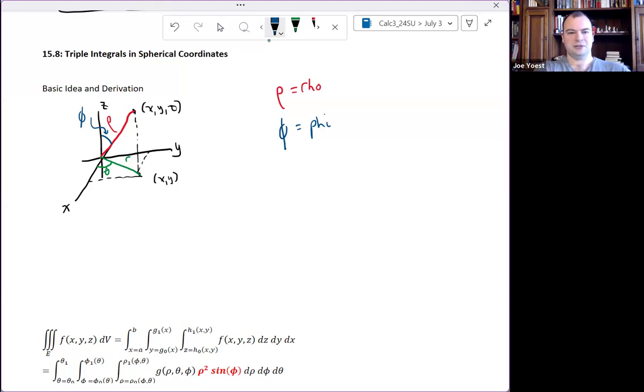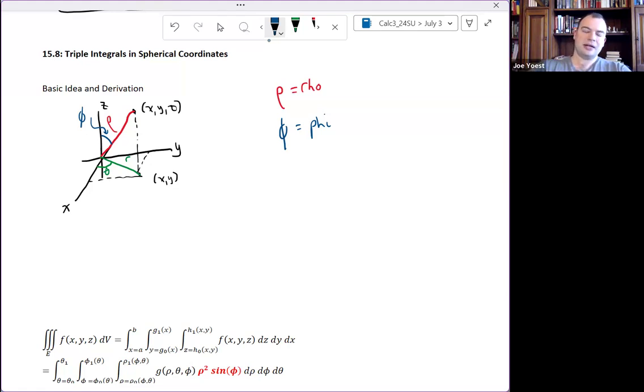So if I tell you start at the origin, look horizontally along the positive x-axis, rotate theta degrees or radians towards the positive y-axis, and then when you're looking in that direction, look straight up and then come down phi degrees or radians, now you're looking in a certain direction in 3-dimensional space.